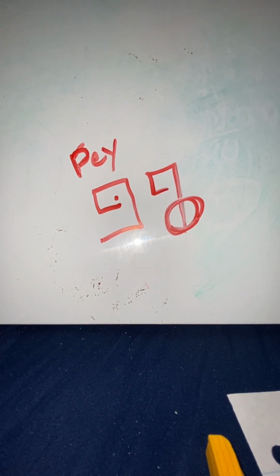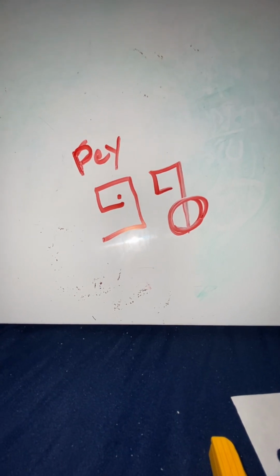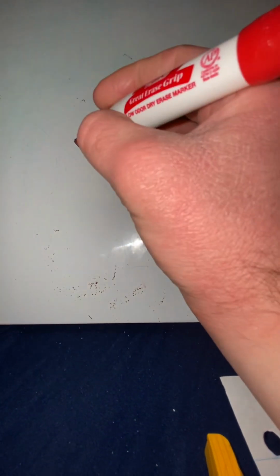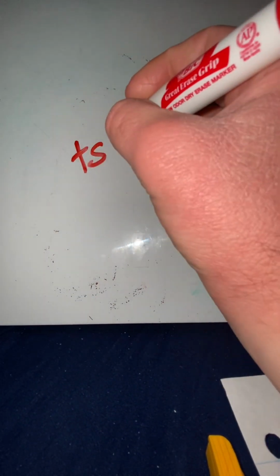Next, we come to the next letter. Okay? The next letter also has a final version. This is the last of the final version letters. And the name of it is Tzadik.